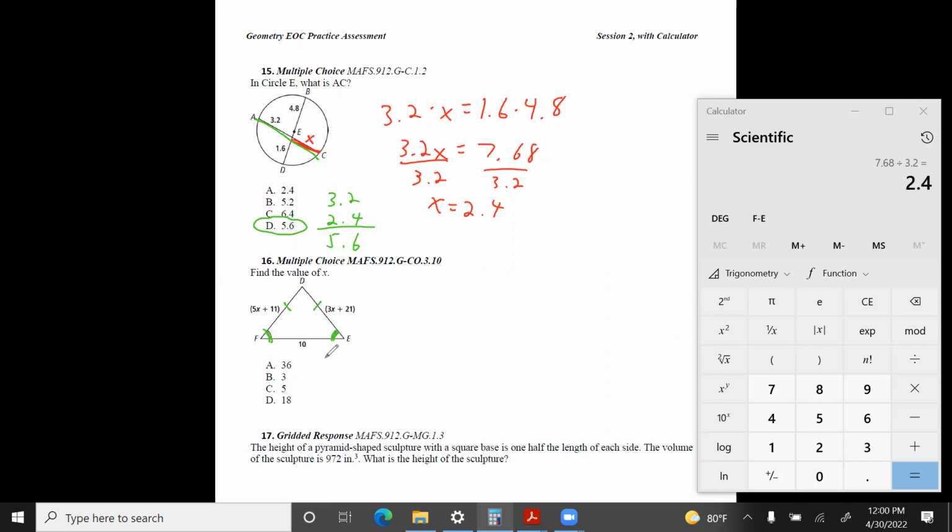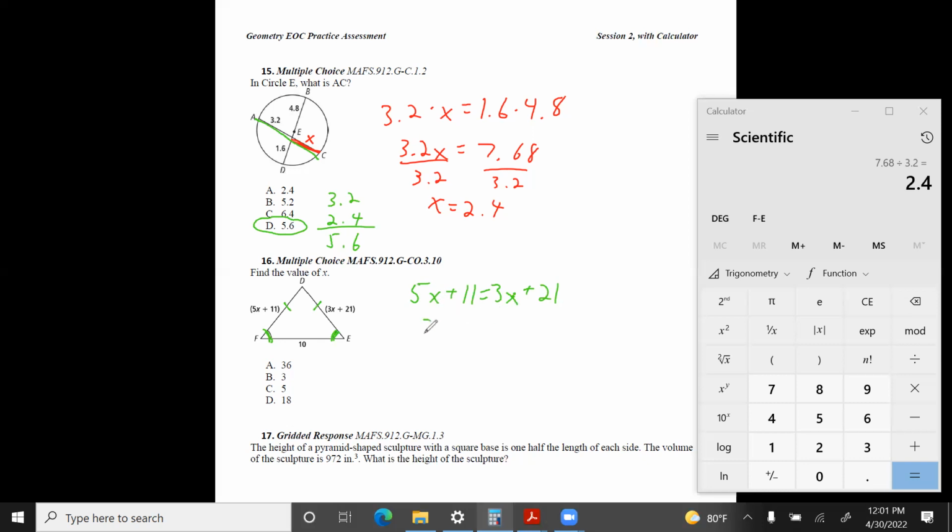Since the base angles are congruent, then this is going to be an isosceles triangle with the opposite legs congruent. So we have those two expressions that they gave us, and they need to be set equal. So 5x plus 11 equals 3x plus 21.